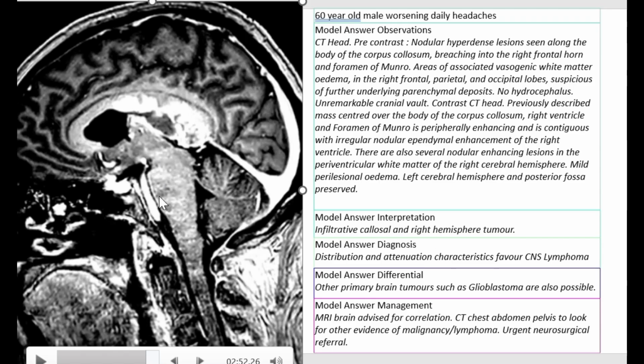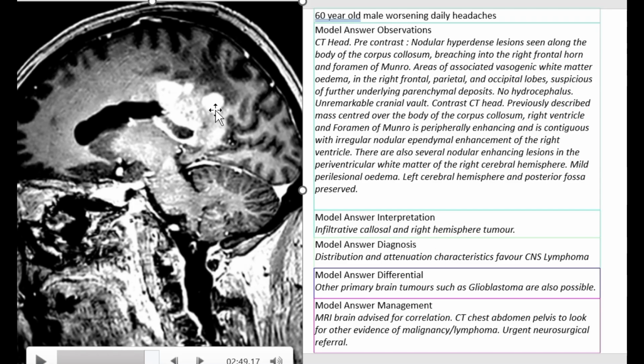So this is the sagittal gadolinium enhanced T1 weighted MRI of the brain showing the nodular enhancing lesions involving the body of the corpus callosum. This is the corpus callosum. And these are the nodular enhancing lesions involving the body of the corpus callosum.